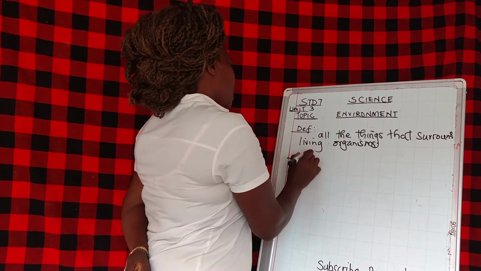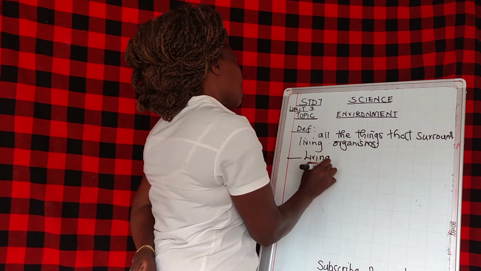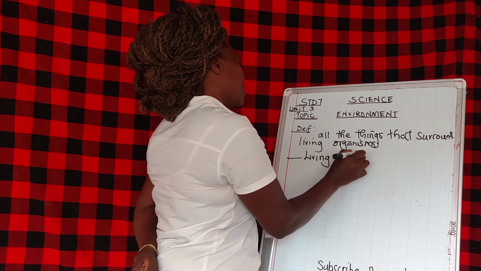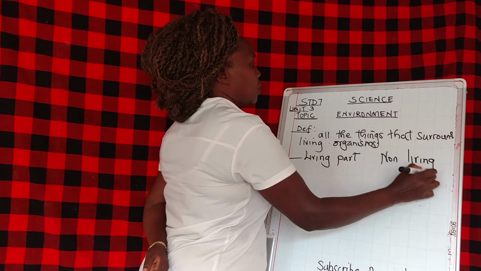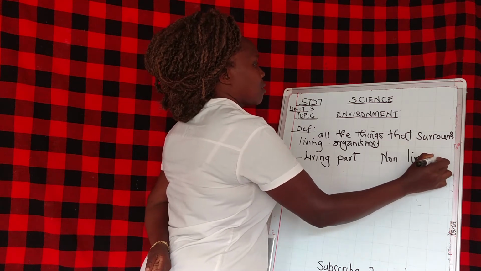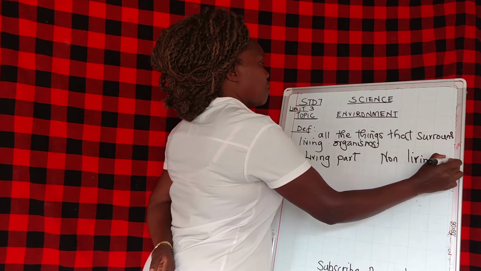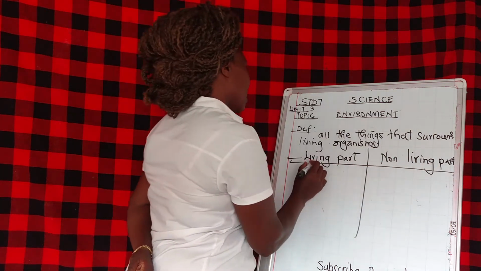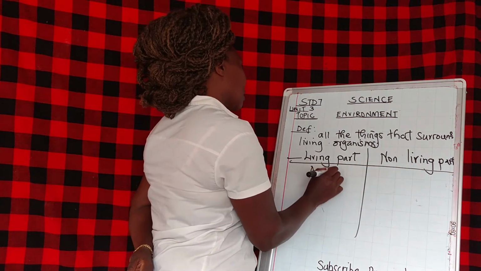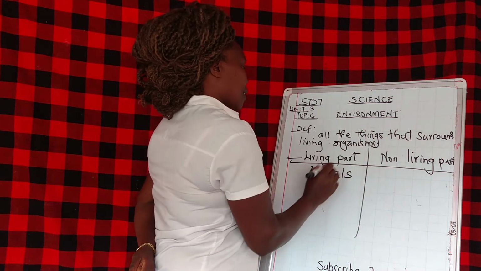We have the living part of the environment and the non-living part of the environment. We have said that the living part comprises animals and plants.